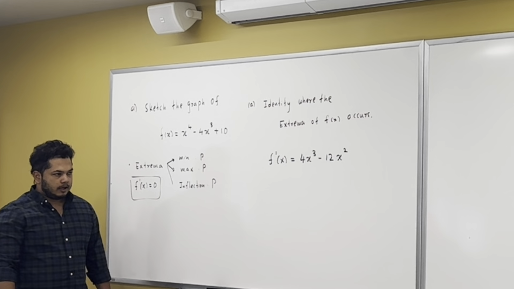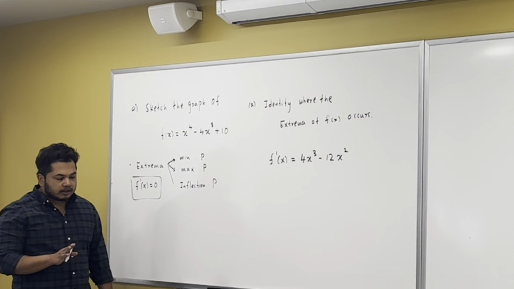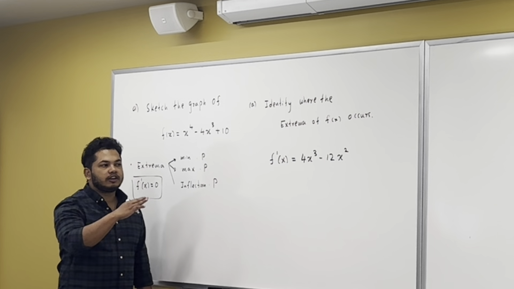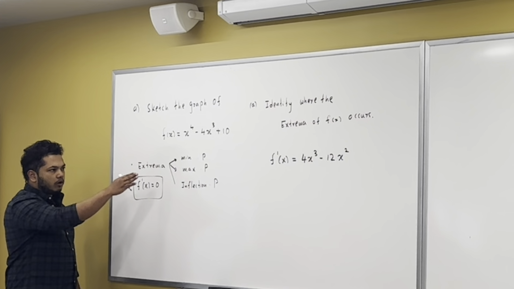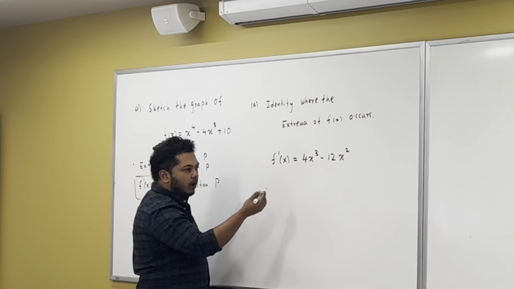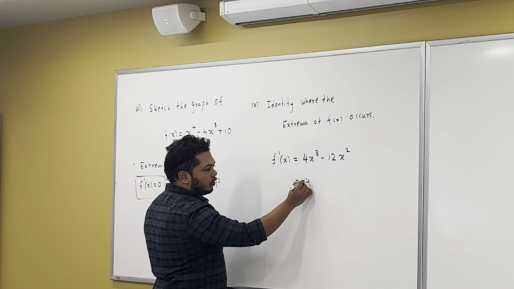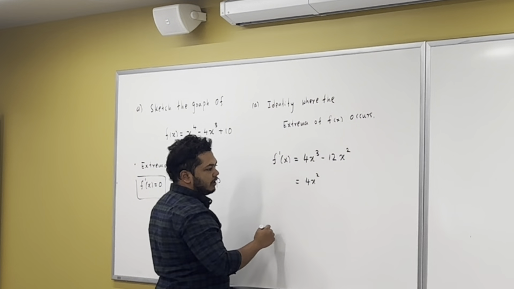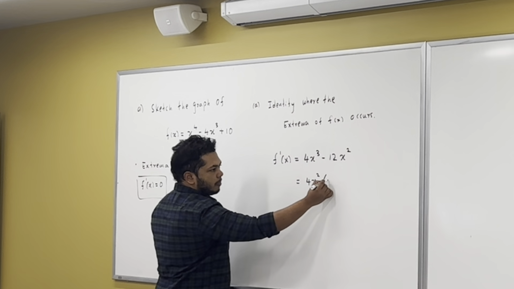Okay? So you get the derivative and you have to set it equal to 0 to think about where the extrema occur. Before I set it equal to 0, I'm going to factor my first derivative.